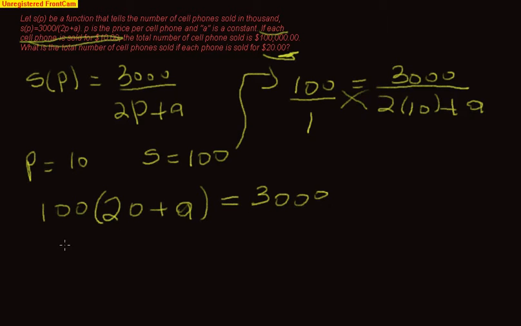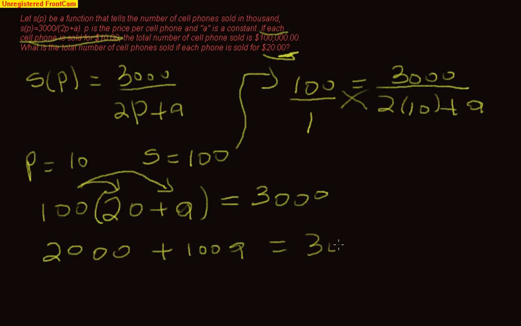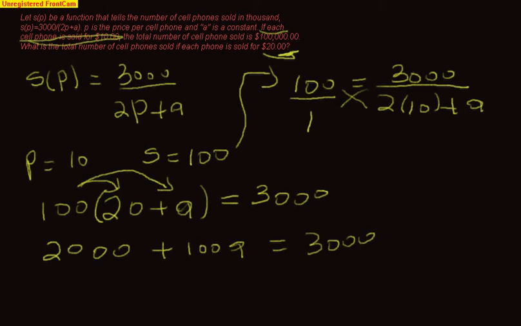Now let's distribute using the distributive property. We're going to distribute this term into the parentheses so we can get rid of them. 100 times 20 is going to give us a total value of 2,000. If you're not sure, you can use a calculator so you can see the movement of the decimal point. And then 100 times A is 100A, which equals 3,000.